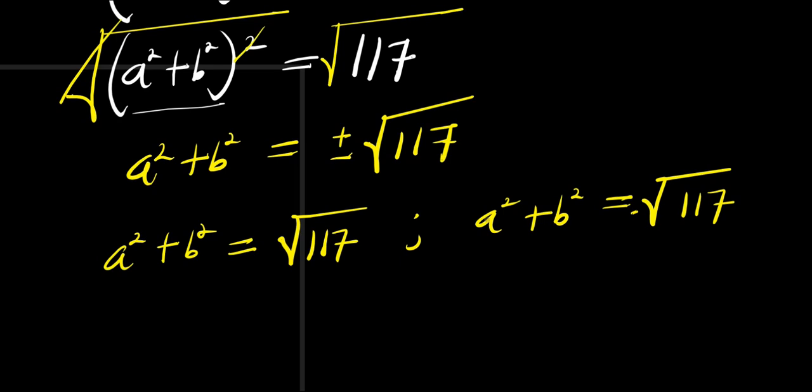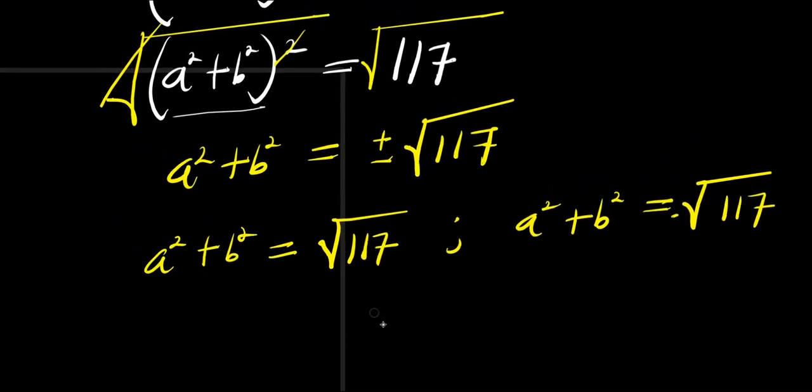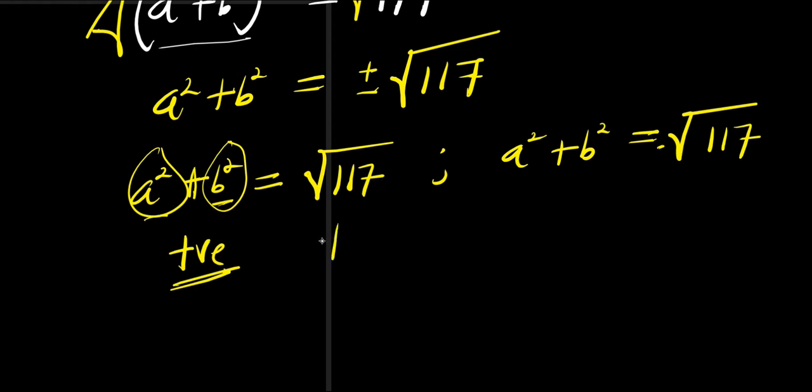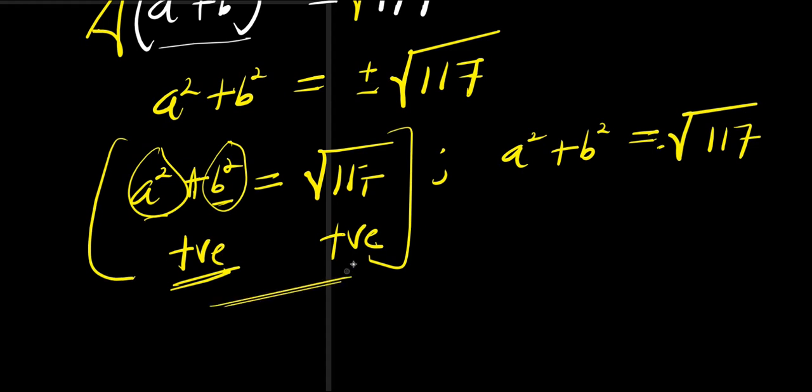Now, look at this here. At this particular point in time, we need to observe that a squared plus b squared will give you positive, because this is positive, and you add this will give you positive. Square root of 117 here will give you positive. So this will give us positive real solutions.